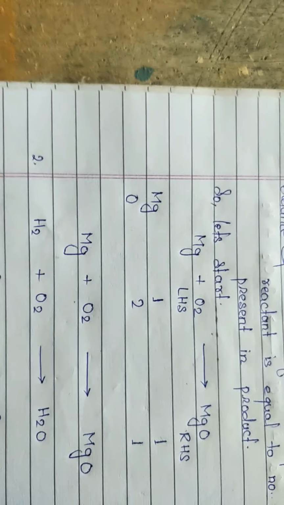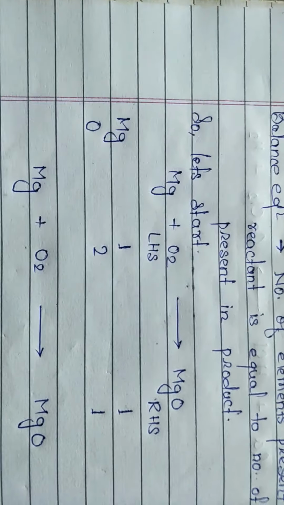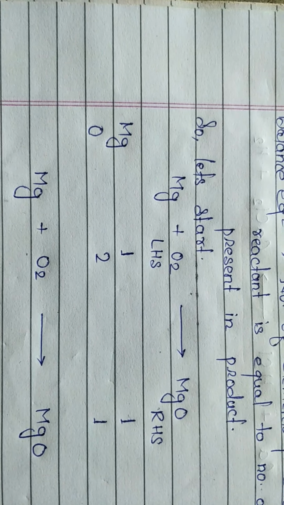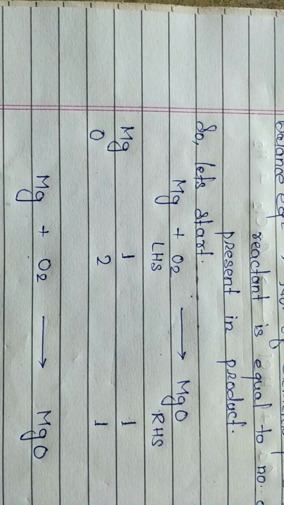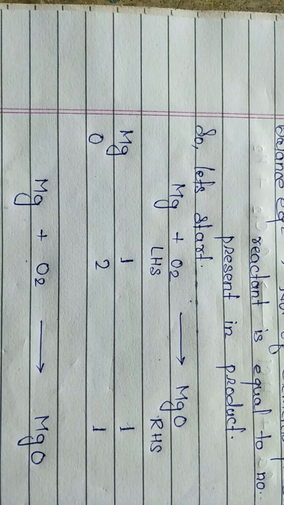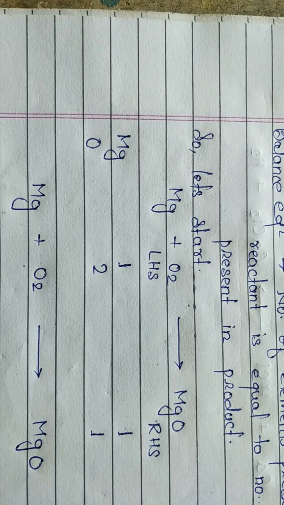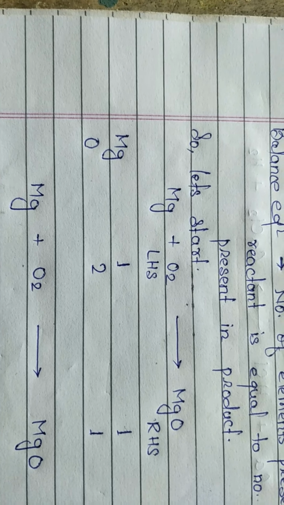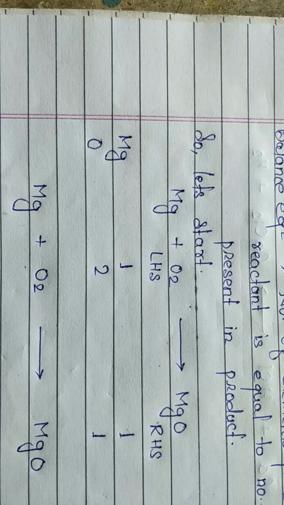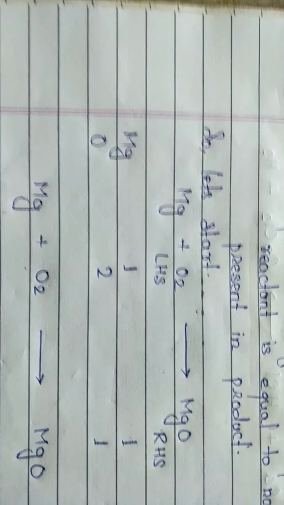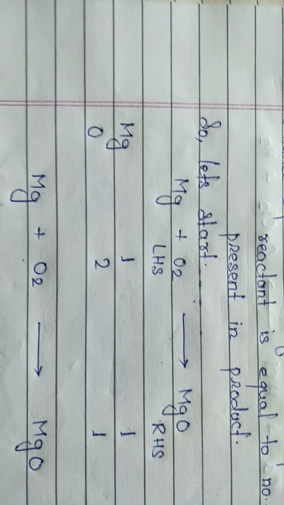The number of magnesium on the left side is 1 and on the right side is also 1. But the number of oxygen on the left side, in the reactant, is 2, while on the right side it is 1.